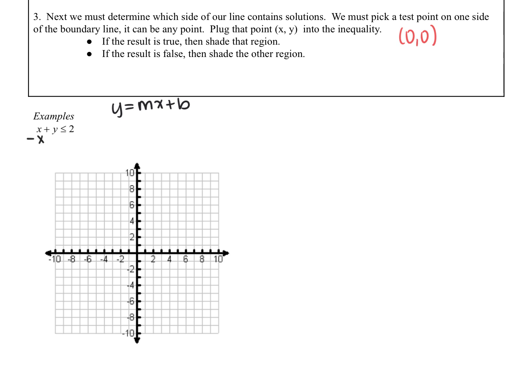So I'm going to subtract x from both sides, and we're going to end up with y is less than or equal to negative x plus 2. The first thing I'm going to do is plot the points as if it were a regular line, negative x plus 2. So my y-intercept is a positive 2, and then I have a slope of negative 1, so that means down 1 over 1.